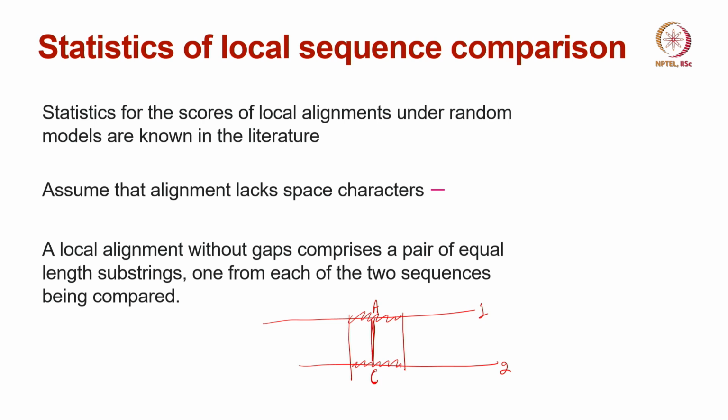So, if we assume that the alignment does not have any gap, then the local alignment must have two equal length substrings. Okay. So, under this assumption let us move forward.